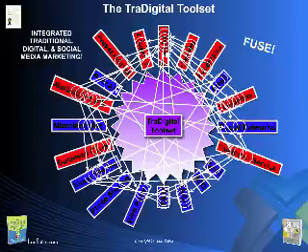And then continue around that wheel either until you're exhausted or you've exhausted all of the possible discoveries. That's the power, the first step of using the Safko wheel to analyze the connections and discover the opportunities within your TraDigital toolset.